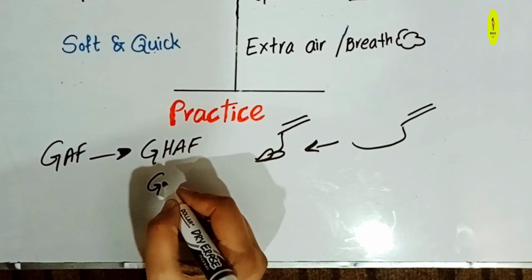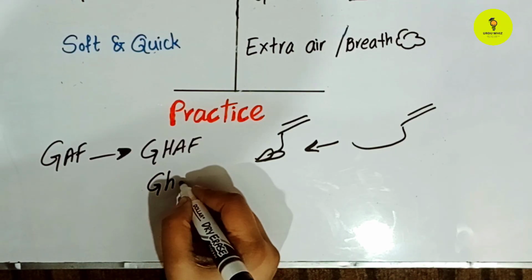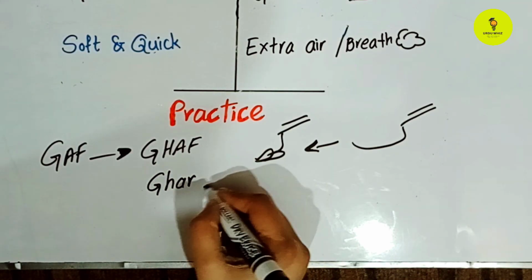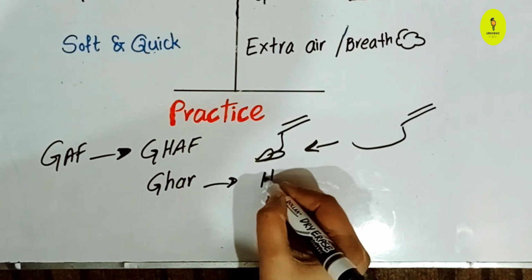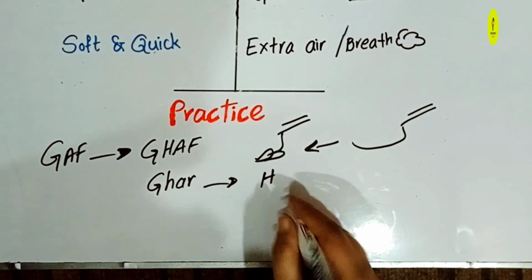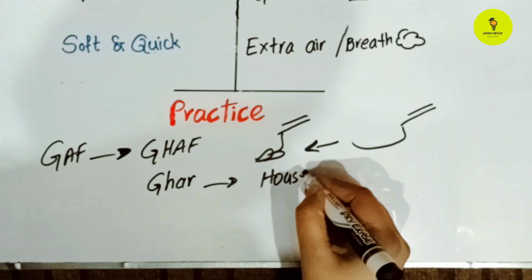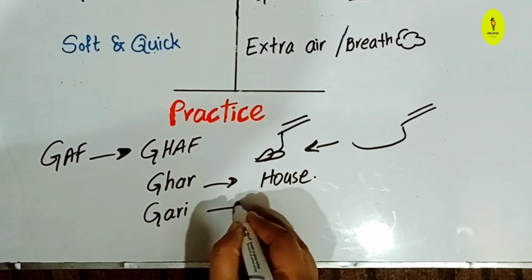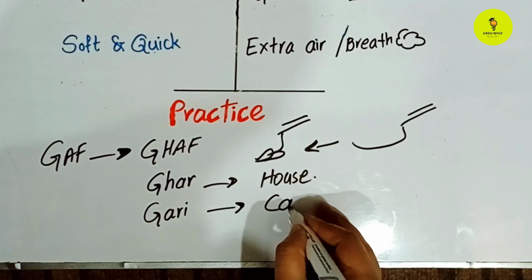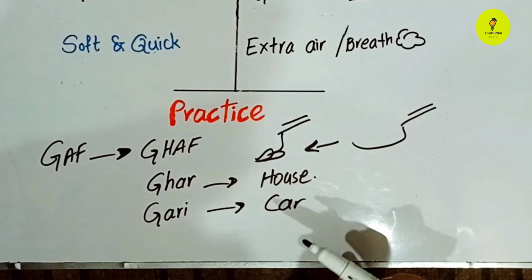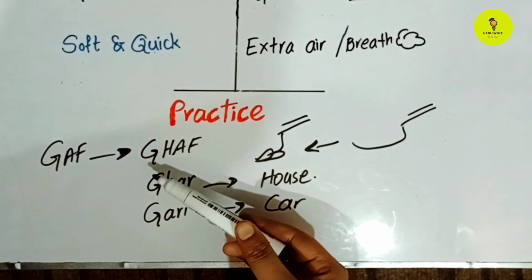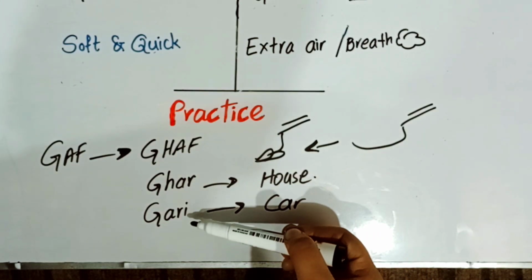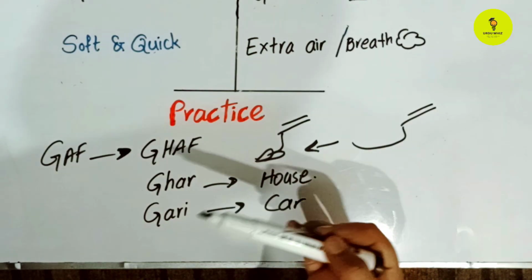The words we will make from it are Ghar, which means house, and Gadi, which means car. Now repeat after me. Gaaf, Ghay, Gaaf, Gadi, Ghay, Ghar.